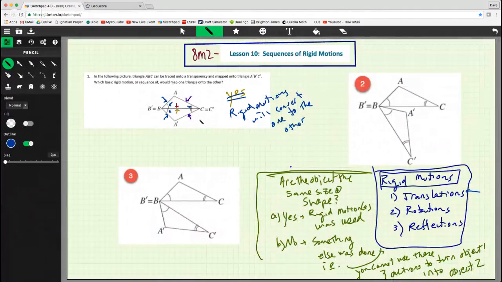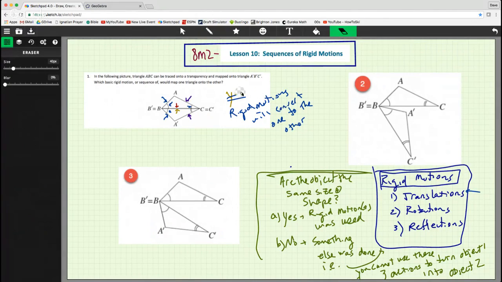But sometimes reflections and rotations are harder to see. So let's start off with one key point about rotation. Here, I'm going to erase this because I'm going to do some writing right here. Now, here's the key.